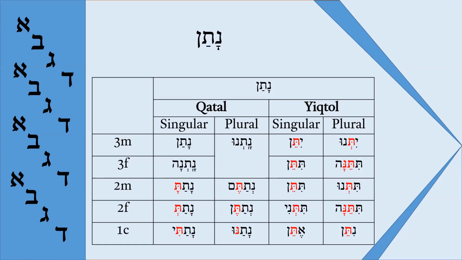So do you see, we know that the vocabulary form is third masculine singular. But when we translate vocabulary, we usually translate it with the indefinite form. But in the sentence, it is third masculine singular.